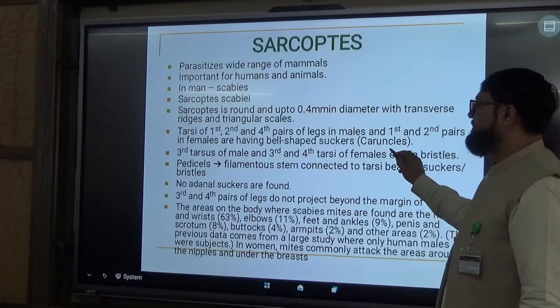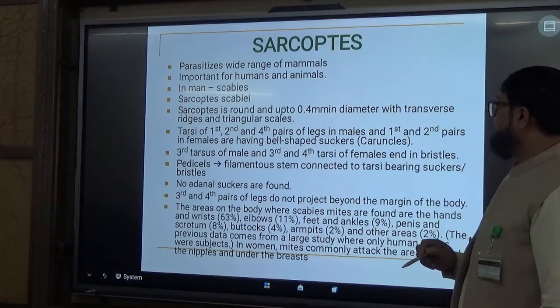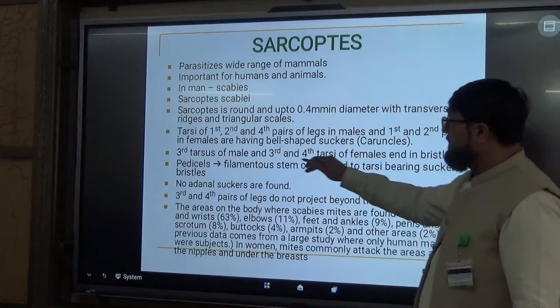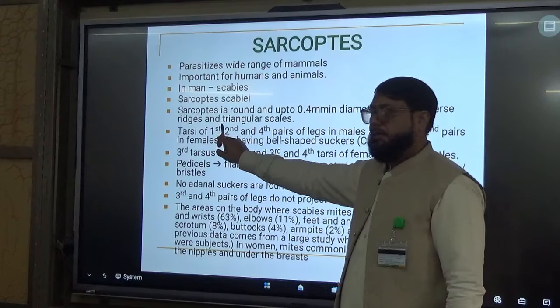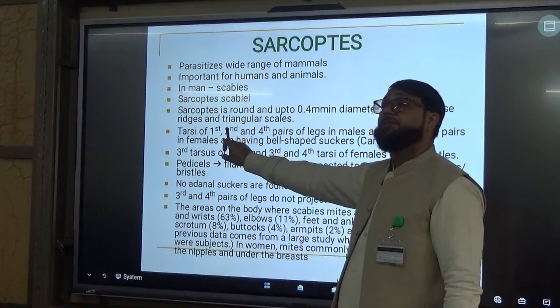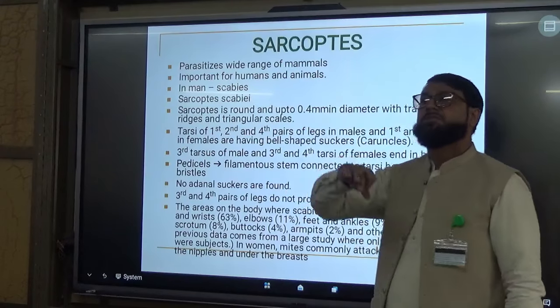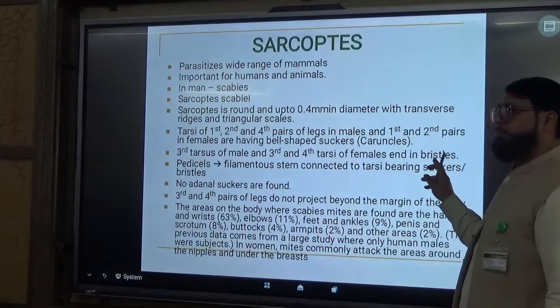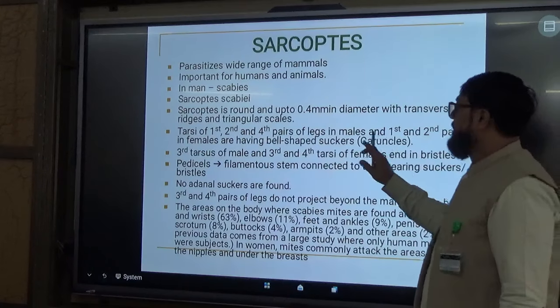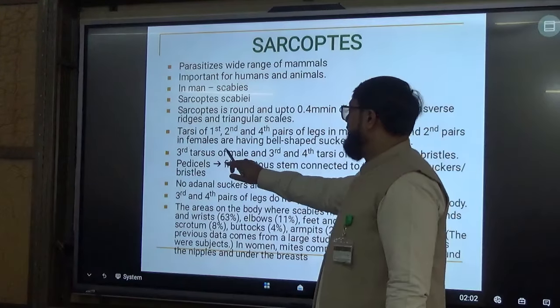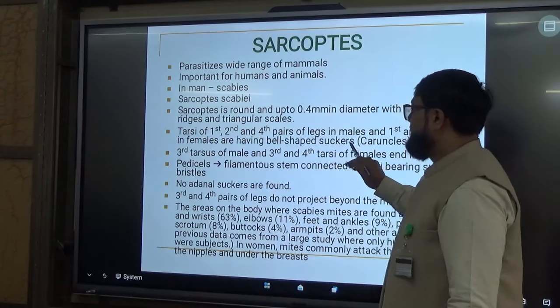These suckers have been given a specific name. The tarsi which are devoid of suckers bear an additional structure which is called a bristle. The tarsi which do not have suckers on them would bear bristles.